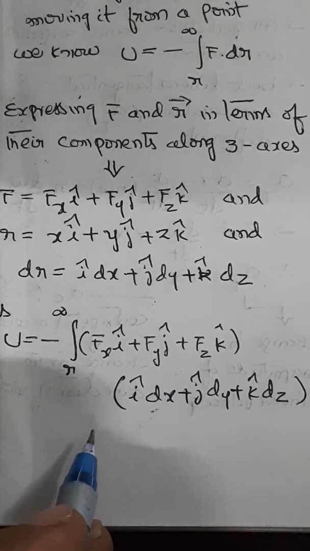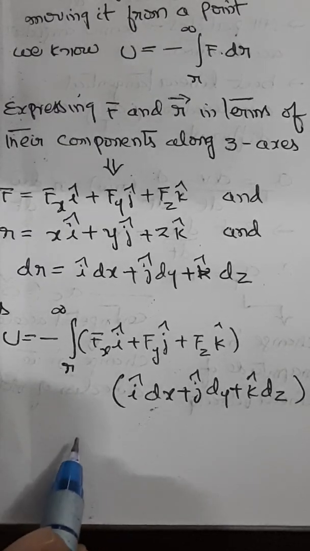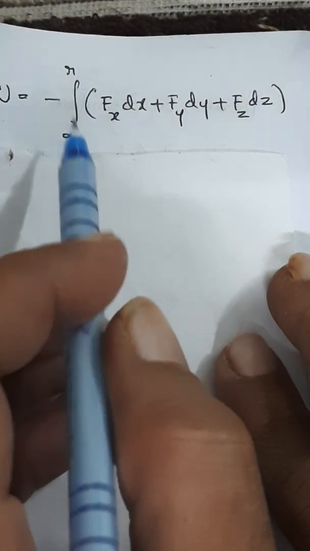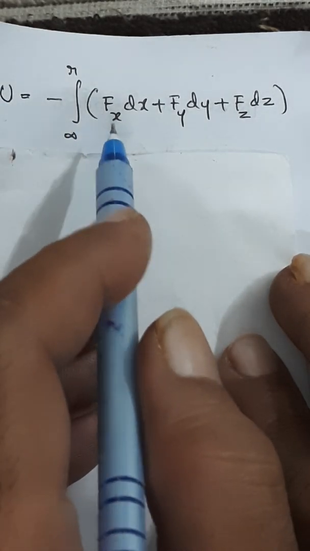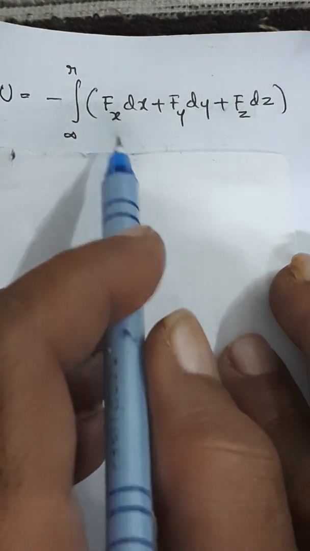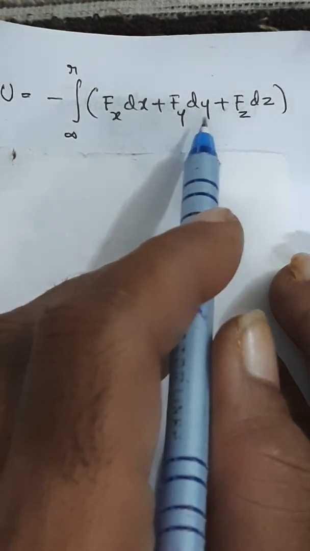Using that vector multiplication, you will be left with the potential energy being equal to the integral from infinity to r of Fx dx plus Fy dy plus Fz dz.